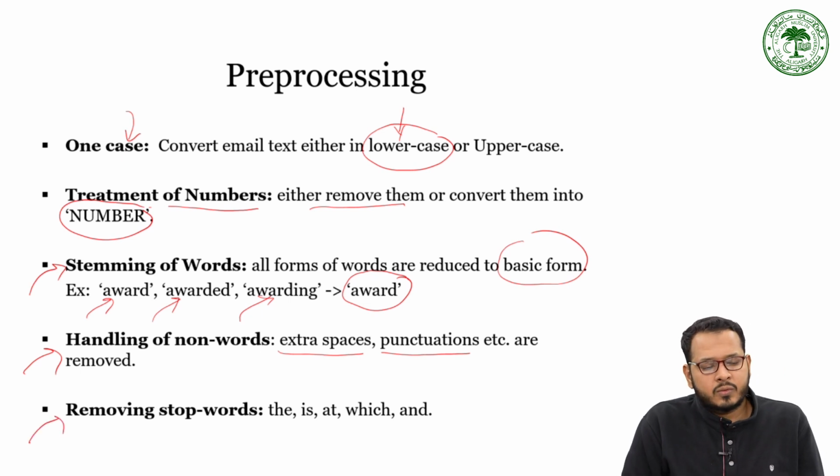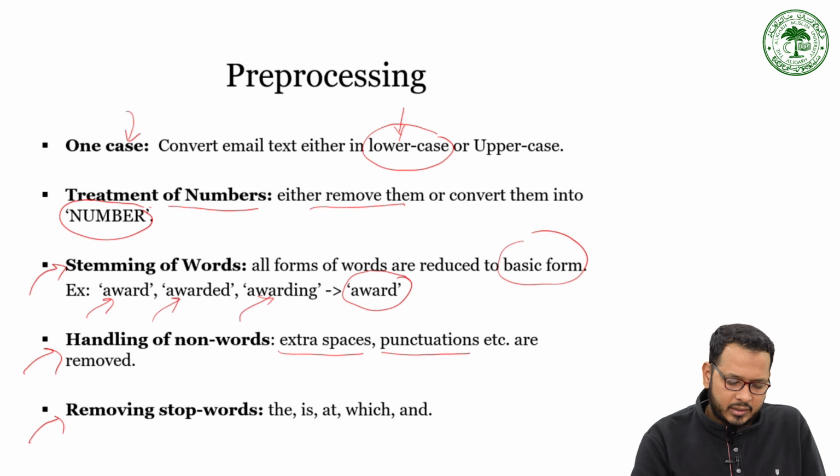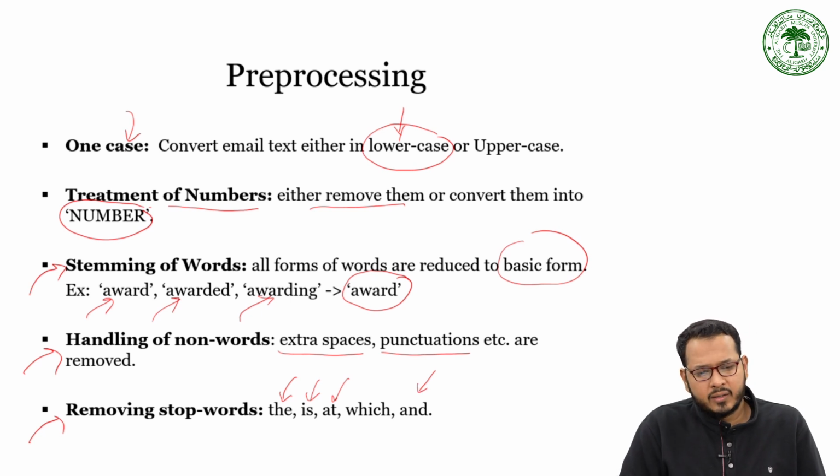Stop words are those words which occur very commonly and frequently in the email or in any text, but do not add much to the meaning of the sentence. For example, the word this or is or at, the prepositions and conjunctions, they may not add much to the meaning of the sentence. That's why they are also removed.